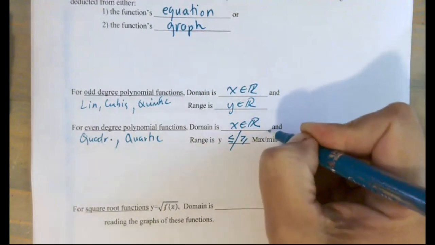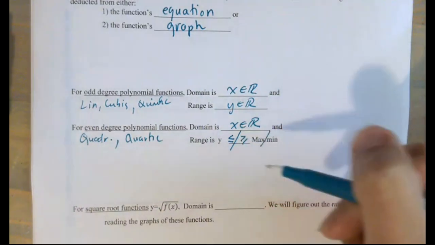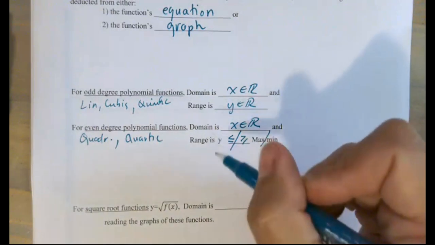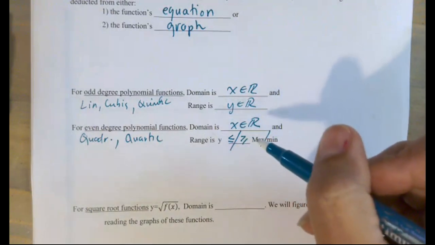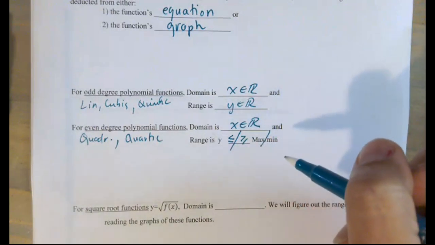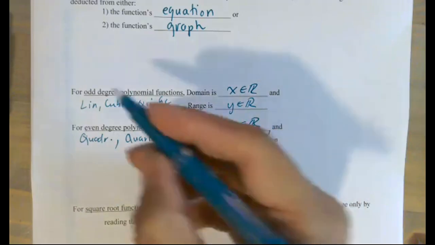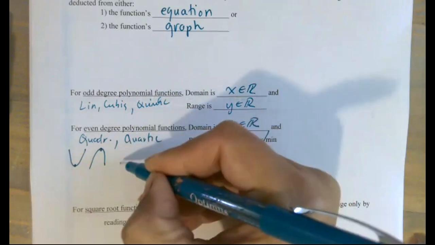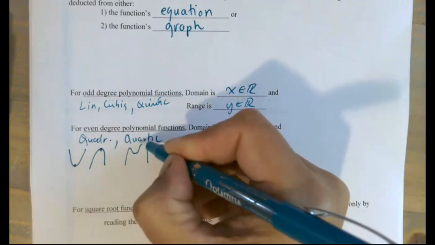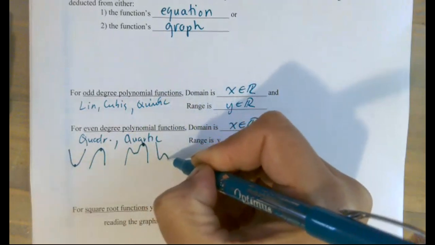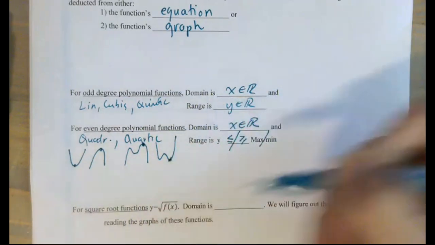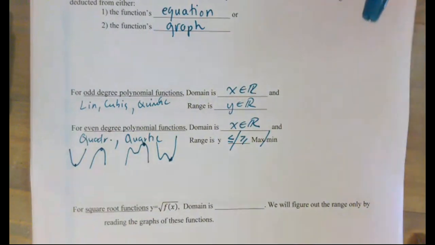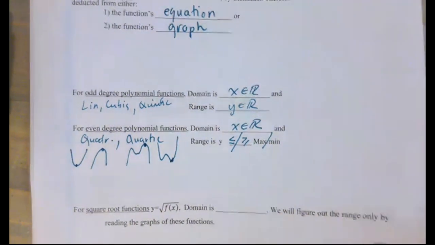Depending on where that maximum or minimum is, you'll have either less than or equal to or greater than or equal to. Quadratic will have either a minimum or a maximum. A quartic can also have a maximum somewhere and a minimum somewhere, so depending on those, you may have your range differently.